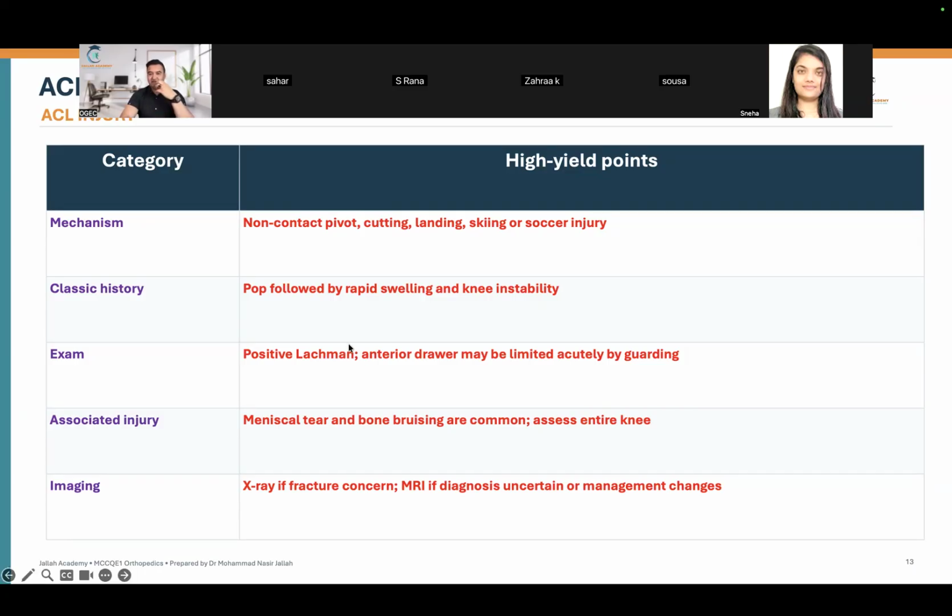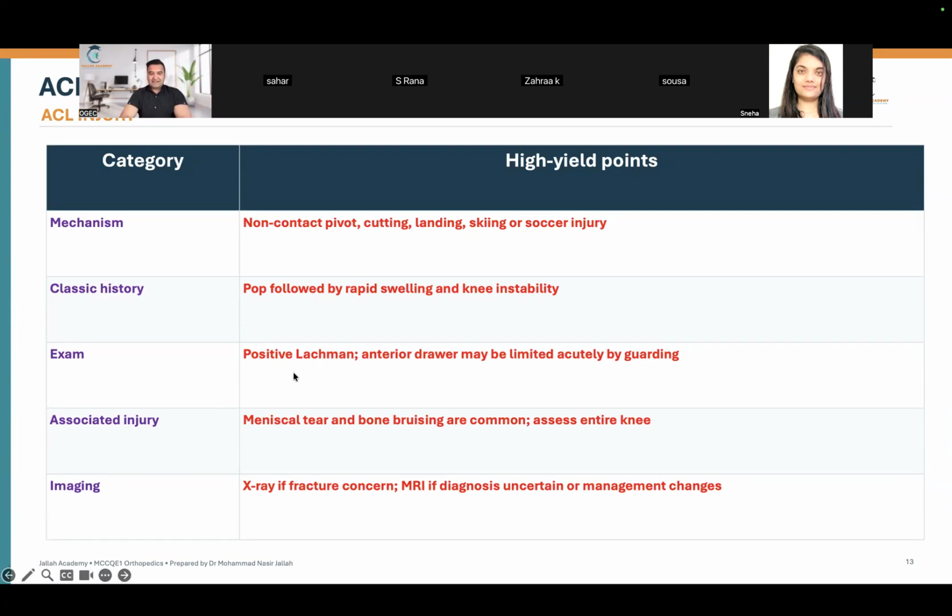This is very characteristic. You have a patient who came with knee instability. The patient says, I was playing soccer, I heard a pop, and then rapidly my knee got swollen, and I came here, and I feel that my knee is giving away. This is anterior cruciating ligament.